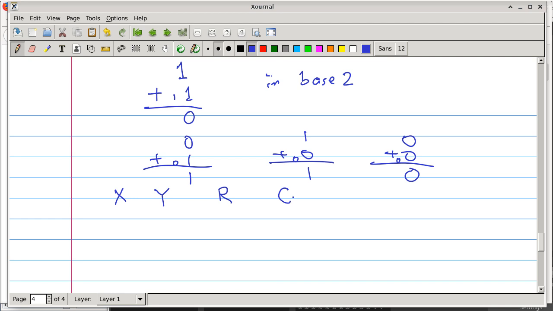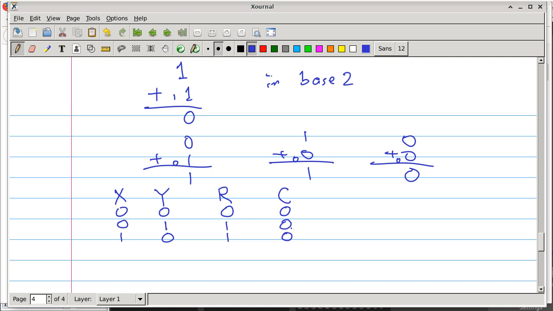Okay. So we'll make this little table, which is for the most part just copying stuff that is already on the upper portion of the whiteboard. 0 plus 0 has a result of 0 and also a carry of 0. Is that okay? 0 plus 1 has a result of 1, a carry of 0. 1 plus 0 has a result of 1 and a carry of 0.